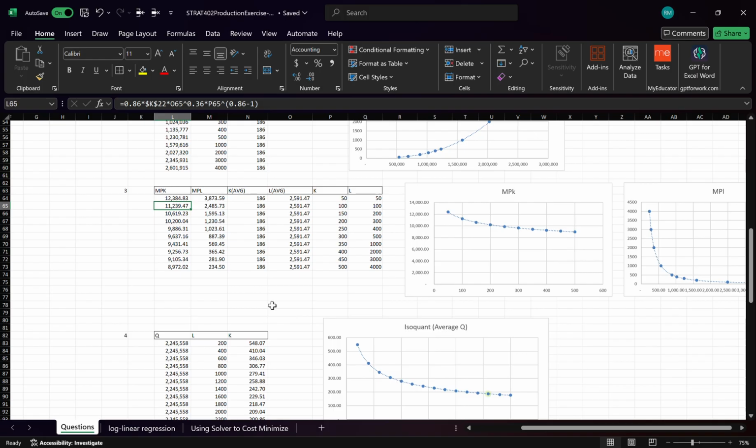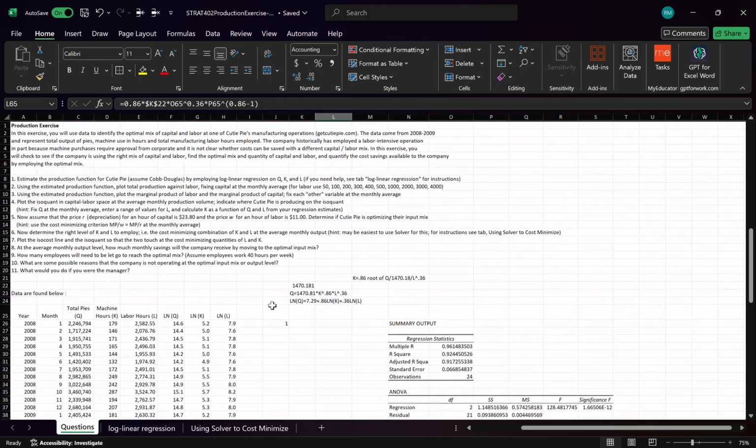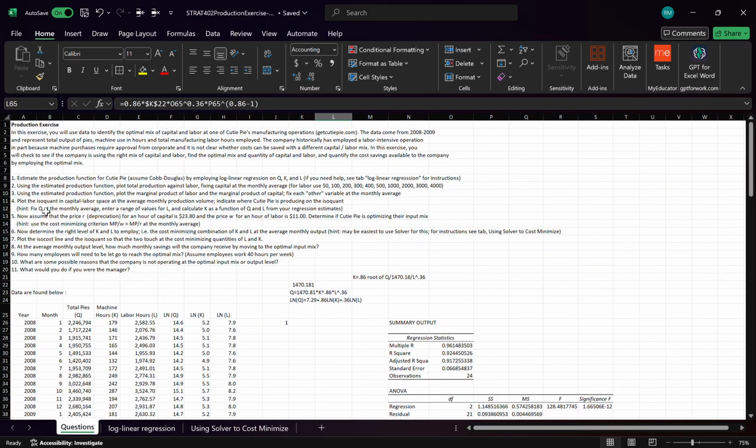So number 4 is the isoquant one. This was kind of hard. Plot the isoquant in capital labor space, and indicate where QT is actually producing, which is where their average quantity is. So I did that.